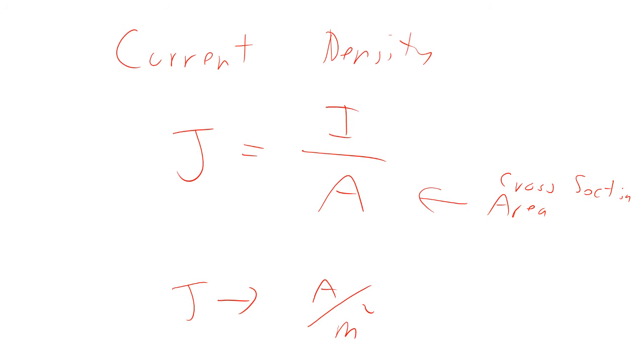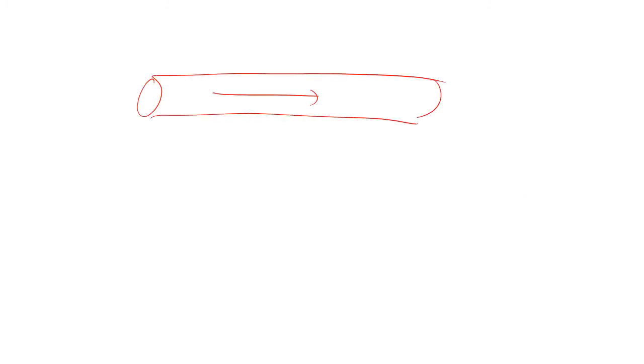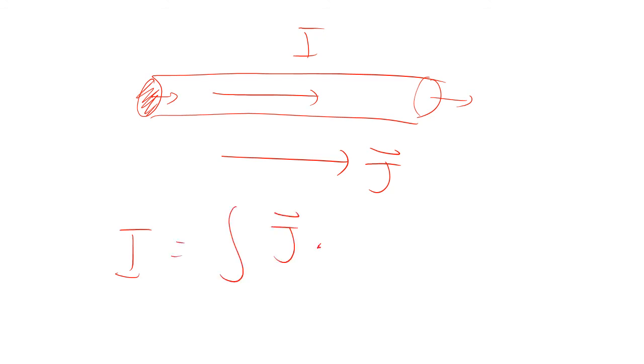Now, we also define current density as a vector quantity. If the electric current is that way, we would say the current density is that way, and the area has a vector in that direction. So I would be the integral of J dot dA.